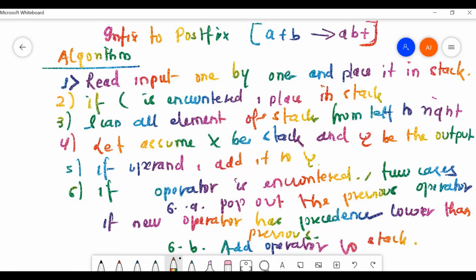So the last step, I guess, is, where should I write this? Let me write it here, number 7. If this parenthesis, that is the closing parenthesis, is encountered, pop all operators. So this is the algorithm for infix to postfix conversion.